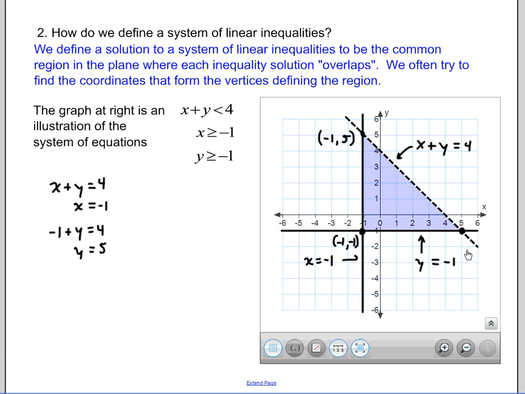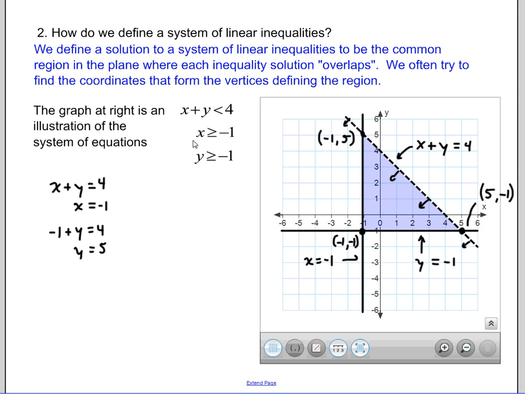And our third vertex right here would be found where y equals -1. Well, lo and behold, that's pretty much the same deal. We're going to find that point to be 5, -1. So our solution region is the region formed by the inequality x plus y is less than 4, which would be everything shaded down here if we used the test point 0, 0.